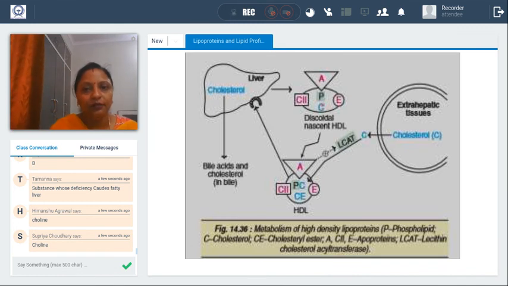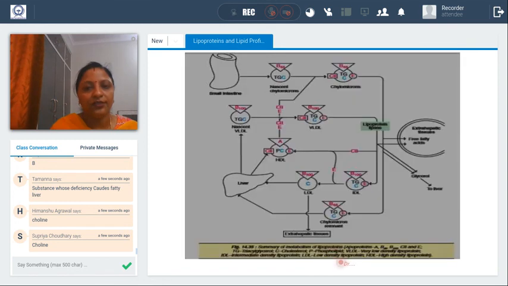You can see here this combined with cholesterol esters in hepatic tissues, and this is spiral in shape, and now this is spherical, and again goes to liver by endocytosis, and this is called reverse cholesterol transport. Here you can see chylomicron, VLDL, HDL, LDL, and again the chylomicron remnants in liver.